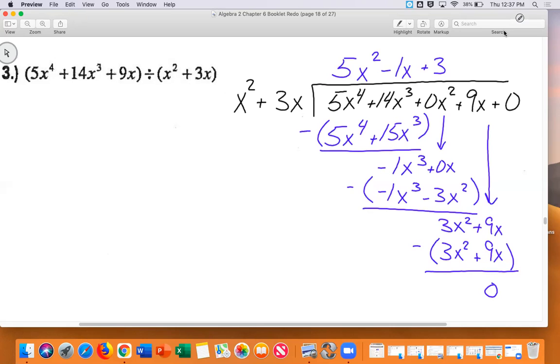It's the negative 1 because I was trying to make it equal. So when you're finding out what's equal, it's the leading term that I want. I want it to be the same. So whenever I multiply my divisor by something, that needs to give me my leading term.